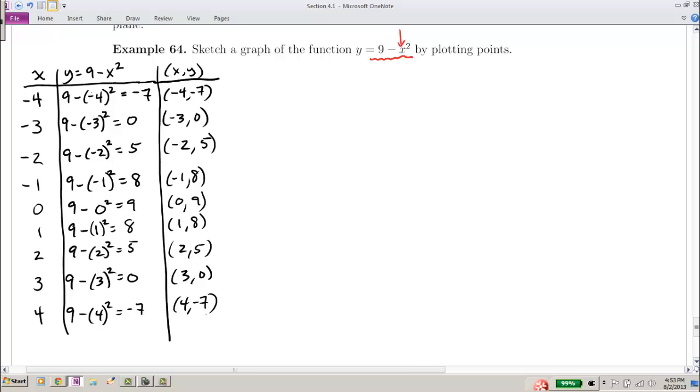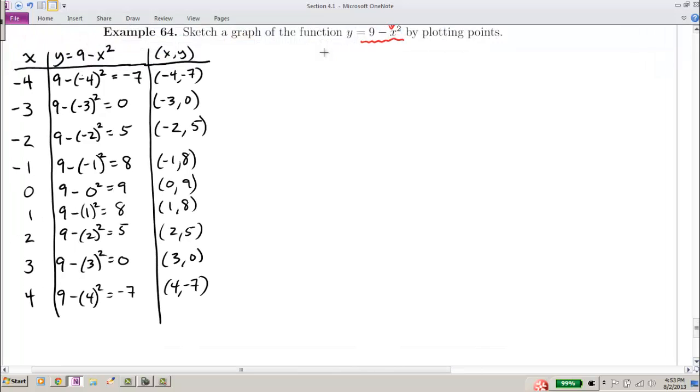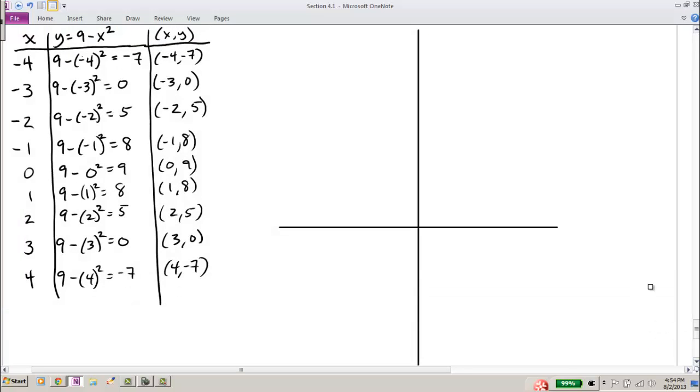So now we have a few points here that we can plot. And now I'm just going to start plotting these points.